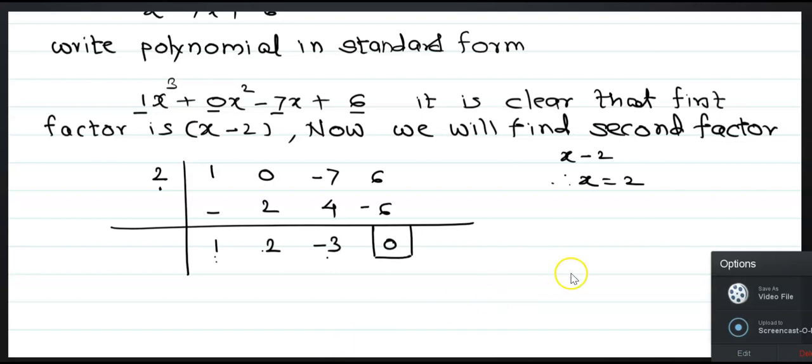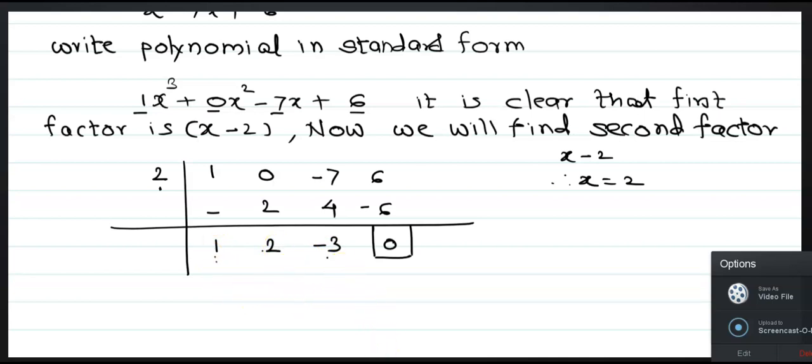It means that x minus 2 is the factor of x cube minus 7x plus 6. What is the second factor? To find out the second factor, these are the coefficients. The degree of this is 1, 2, 3.